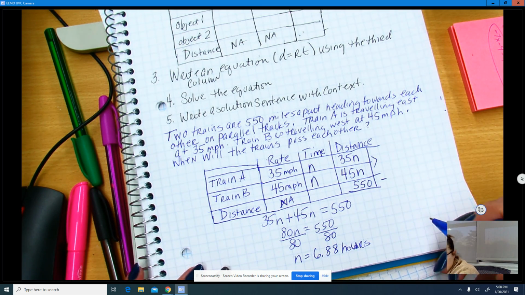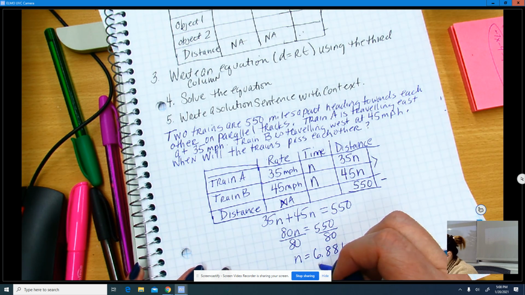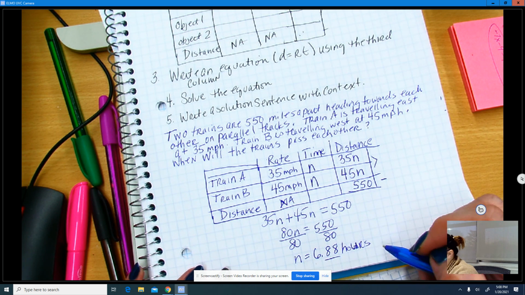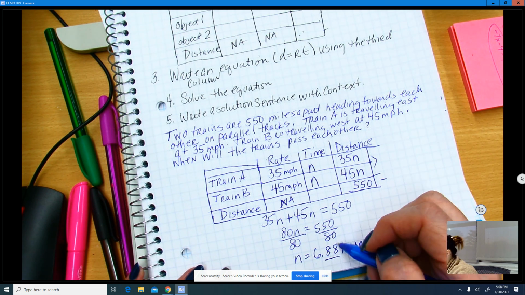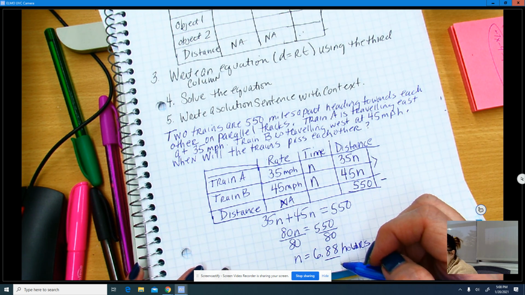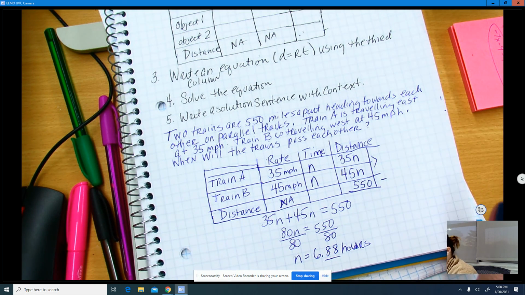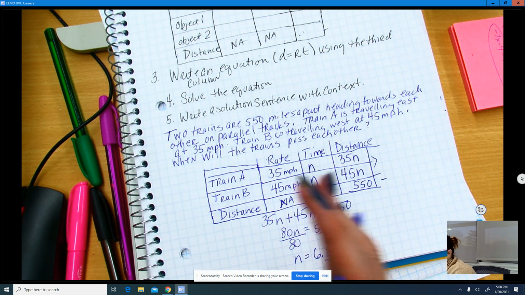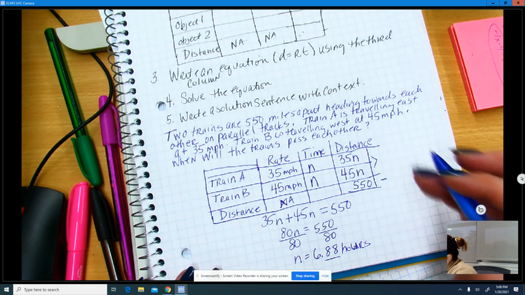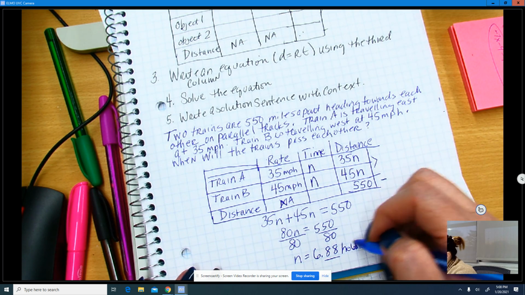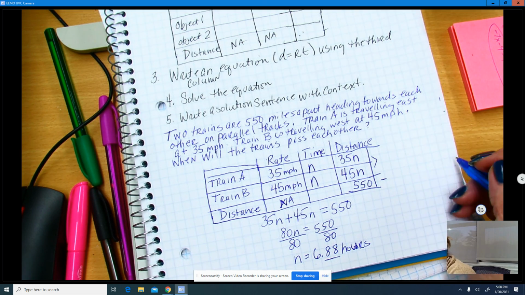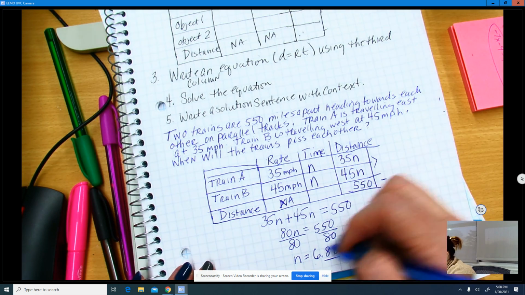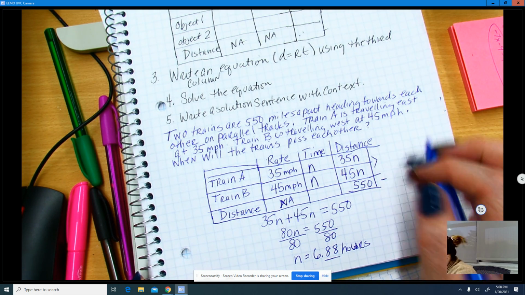So I could say the two trains will pass in 6.88 hours. Now remember, this .88 of an hour does not represent minutes or seconds. You would have to convert that .88 to minutes and seconds if they wanted an exact amount of time. In order to do that, we would take 0.88 of 60 minutes and do all that. We're just going to leave it at 6.88 hours.